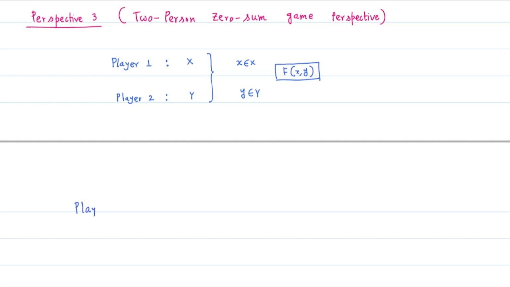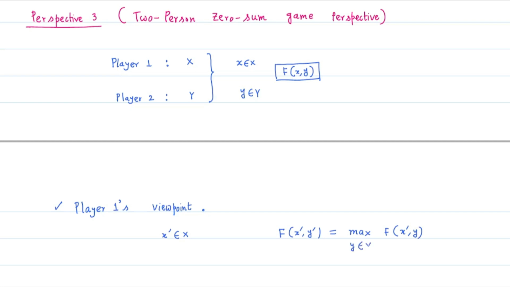From the perspective of player 1, the analysis is as follows. For choosing a strategy, player 1 will analyze in the following manner: if player 1 chooses a strategy X', then for the chosen strategy X' of player 1, as player 2 is equally intelligent, obviously player 2 will choose that particular strategy, say Y', for which f(X',Y') is the maximum value of f(X',Y).